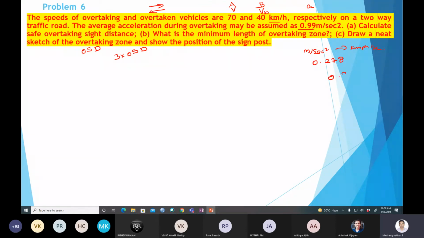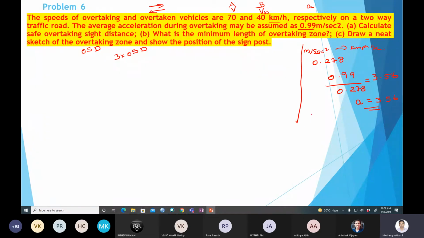So when you divide 0.99 by 0.278, the conversion gives a value of 3.56. So the value of A is 3.56. This is one way you can convert all the values to a common unit.